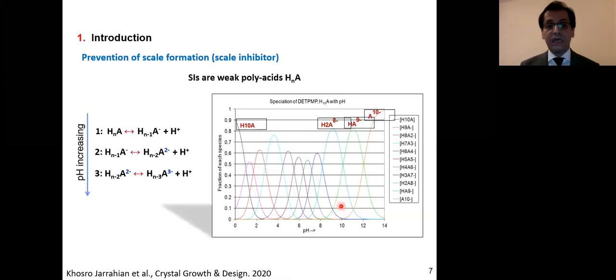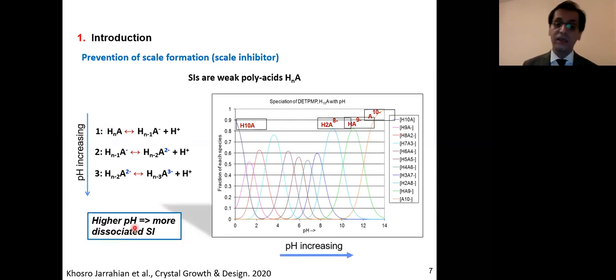So let me give you a brief introduction to what scale inhibitors are. Scale inhibitors are weak polyacids, and they will be dissociated as pH is increased. So the higher the pH, the more dissociated the scale inhibitors.